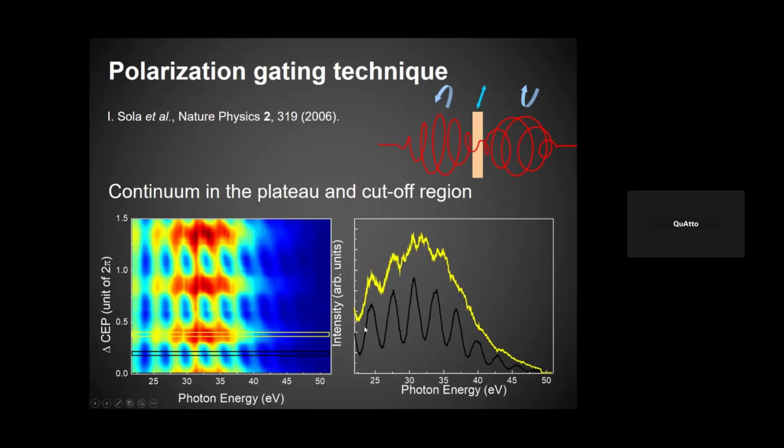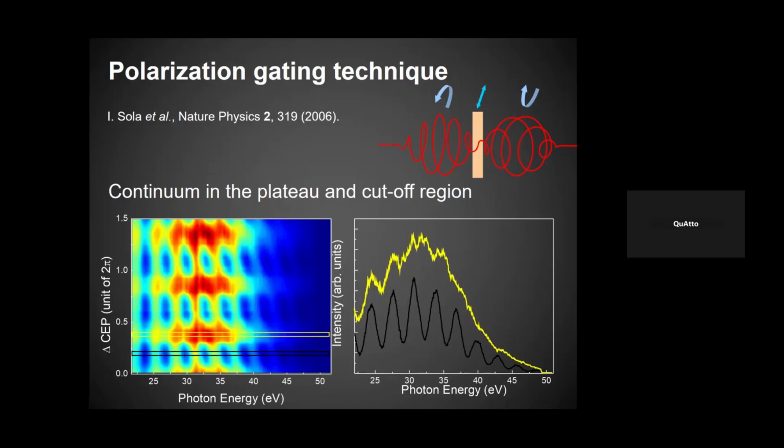So these are both techniques, temporal gating and polarization gating. Both ingredients, few-cycle pulses and CEP control, play a crucial role in creating these isolated attosecond pulses.